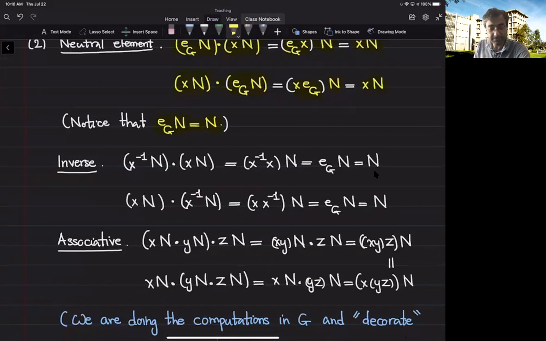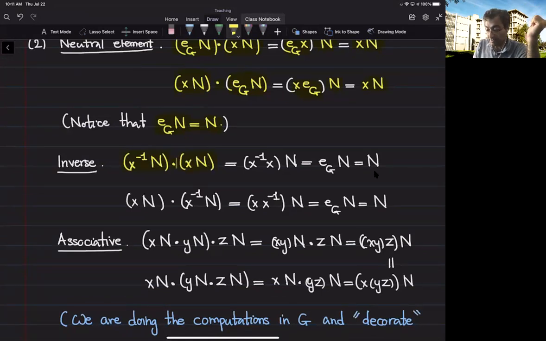Now, how about the inverse? Again, we have to take the inverse inside G and decorate it by N. That means we need to pick the coset that's represented by x inverse in order to get the inverse of the coset that's represented by x. So I take x inverse N and I multiply it by xN.